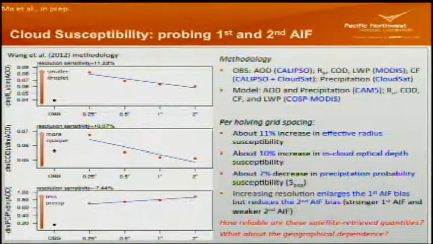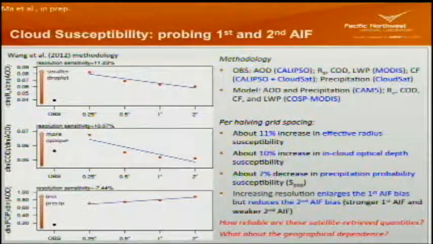And this is the so-called S_POP, or precipitation probability susceptibility to aerosols. With this direction going up, it means when you have more aerosols, it induces less precipitation.